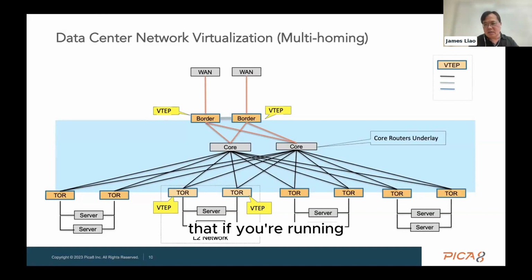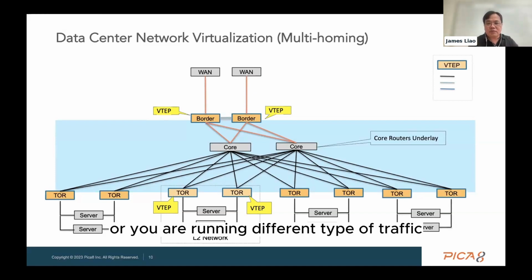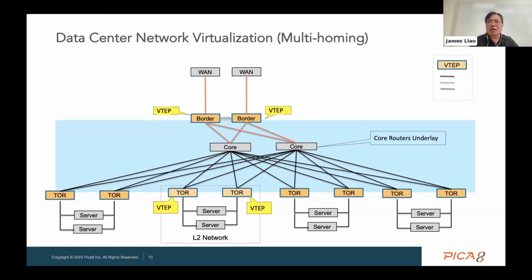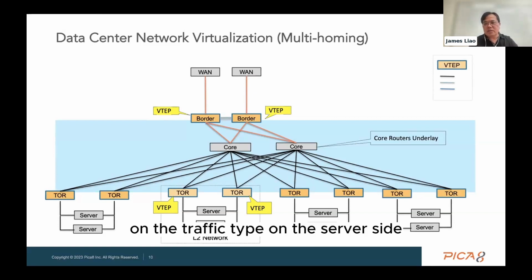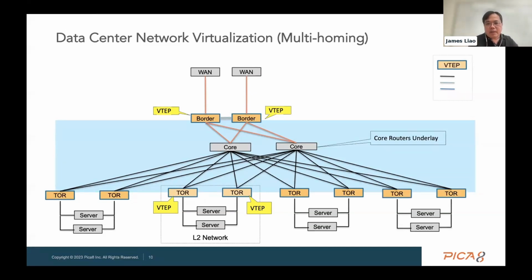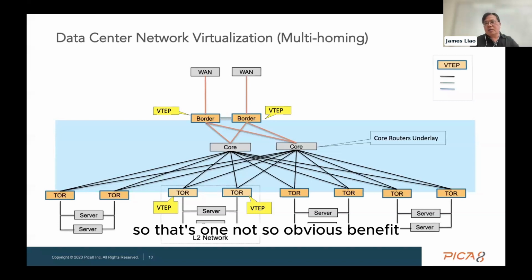Some people might want to have that option, if you're running, for example, AI traffic, or different types of traffic, so you actually want different settings per traffic type on the server side. So in this way, it allows you to use different NICs to send different traffic. So that's one not so obvious benefit.